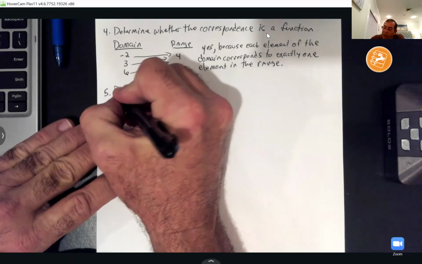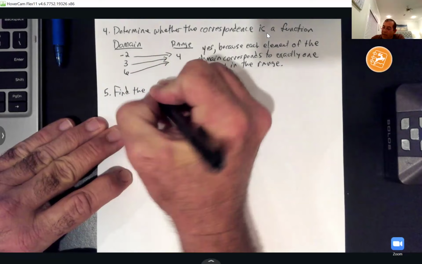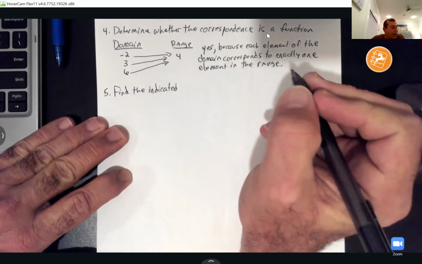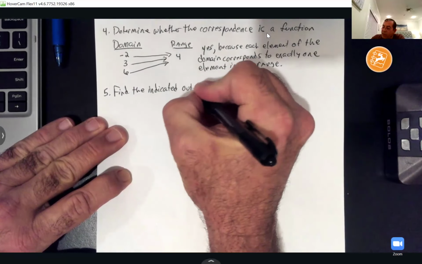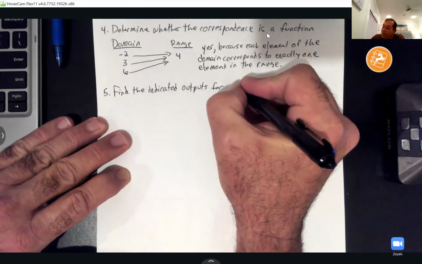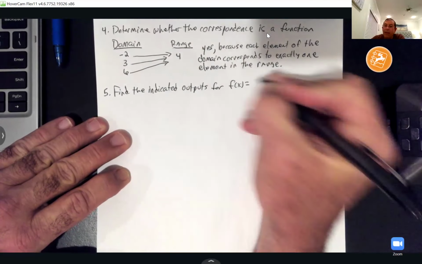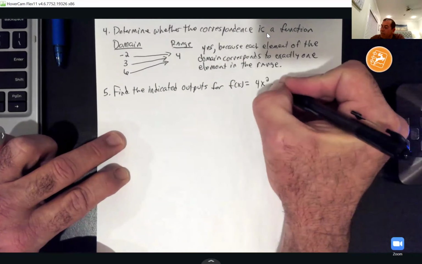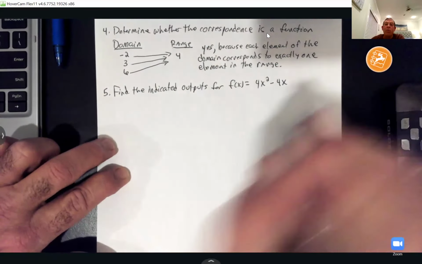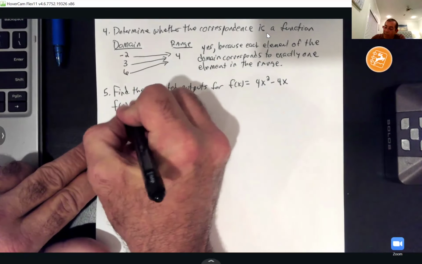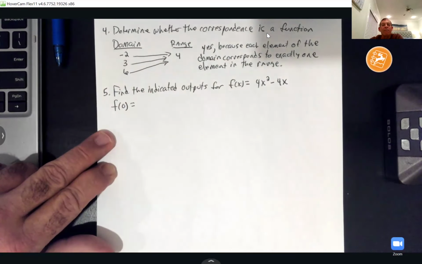All right, y'all, then they want us to find the indicated outputs for f of x equals 4x squared minus 4x. So for the first one, they gave me f of 0.